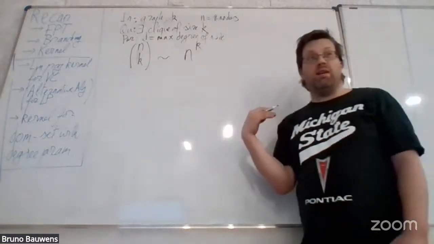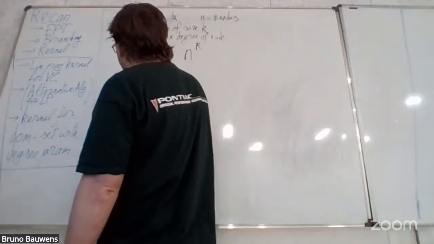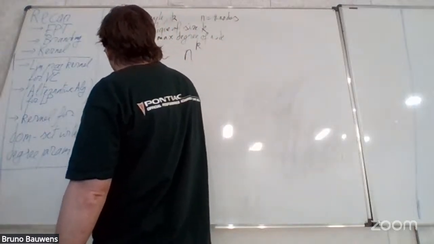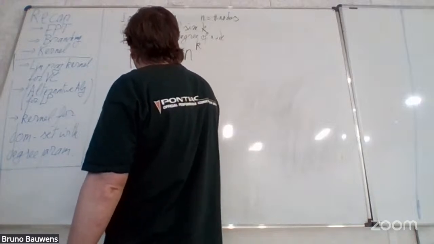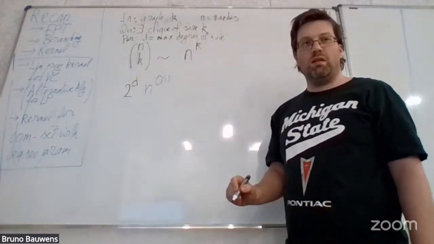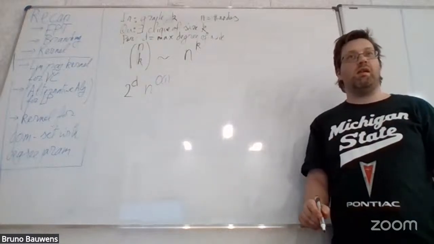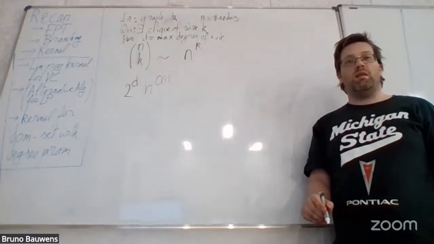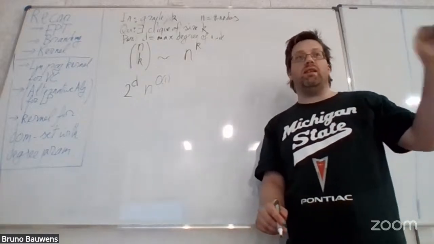So there was an algorithm that runs in time 2 to the power d times poly n. Do you remember? We have to find a clique of size k.